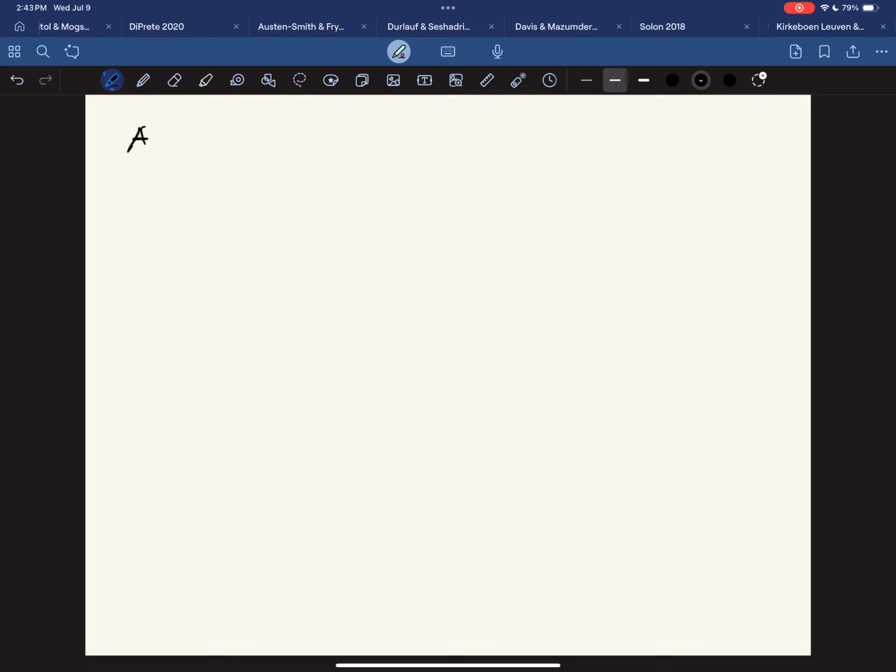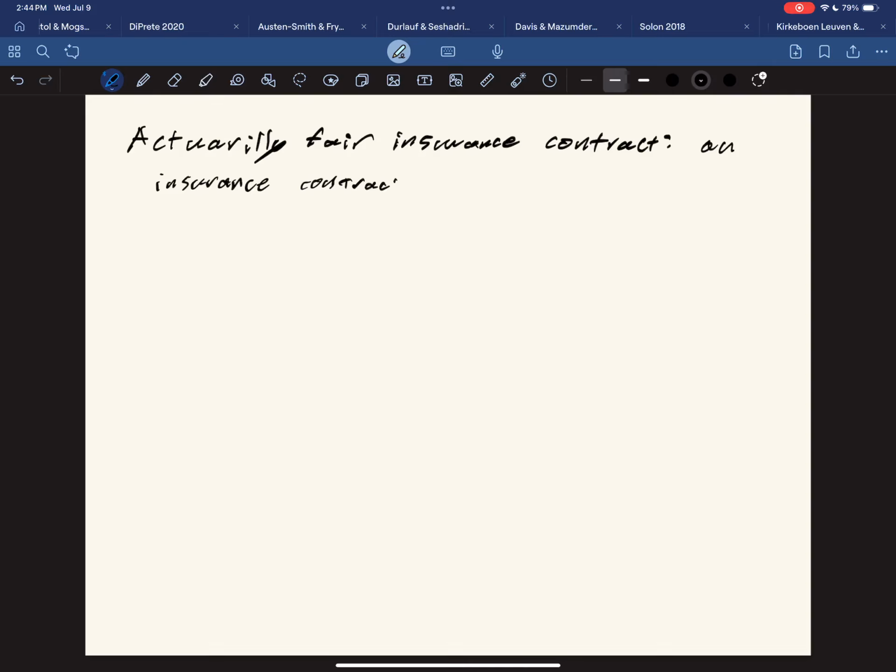So an actuarially fair insurance contract is an insurance contract that yields zero profit in expectation.